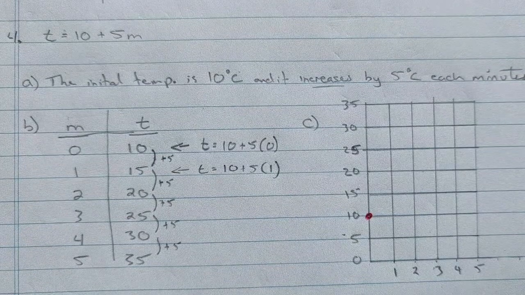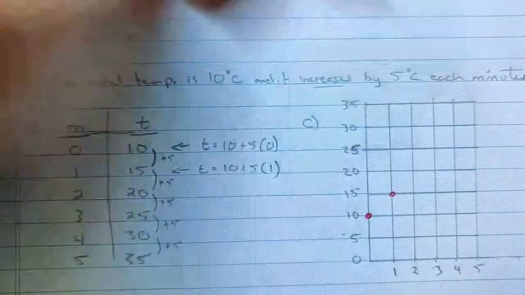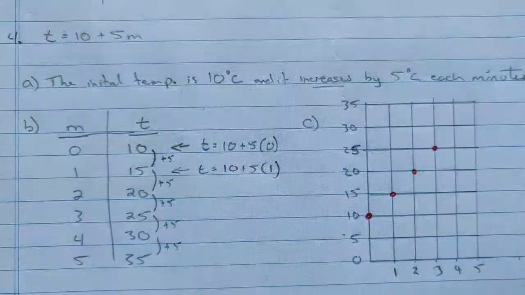So again, we got 0 and 10, we got 1 and 15, 2 and 20, 3 and 25. Now we can also use our, let's finish that off, I guess, 4 and 30 and 5 and 35.